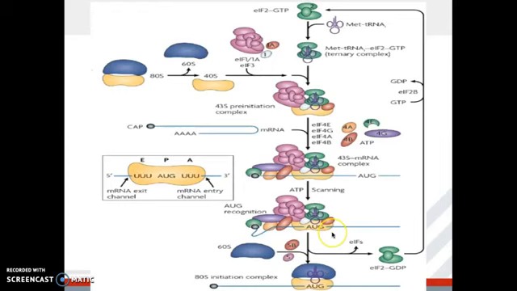Okay, let's begin here. First of all, we know the ribosome of the eukaryotic cell is 80S, and this 80S will be split into two, which are 60S and 40S.